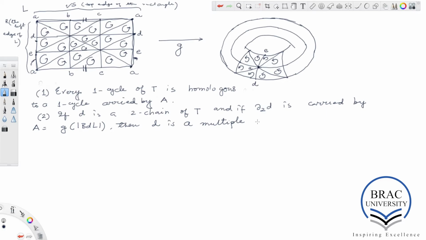Then D is a multiple of gamma, which is the sum of all the underlying two simplices.